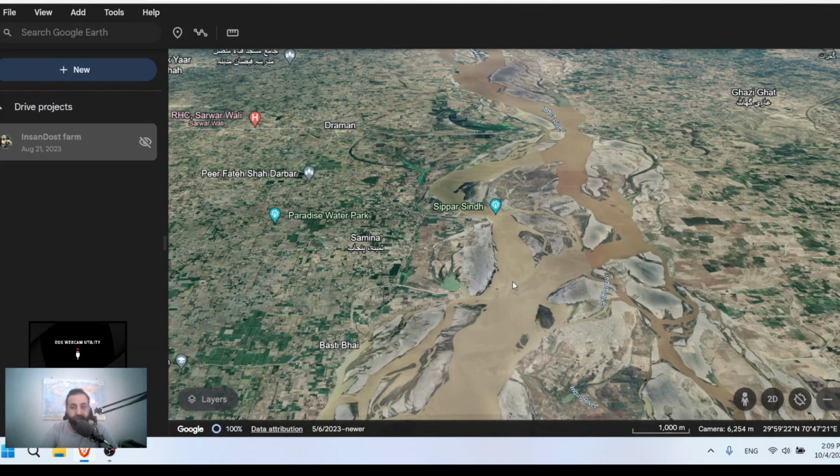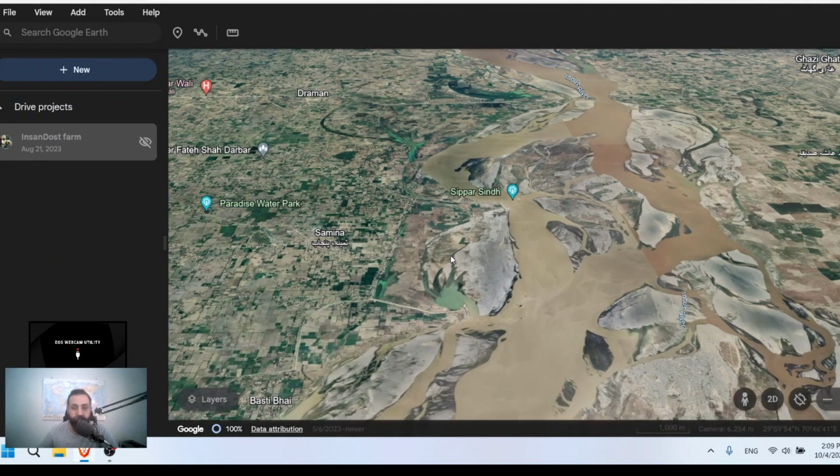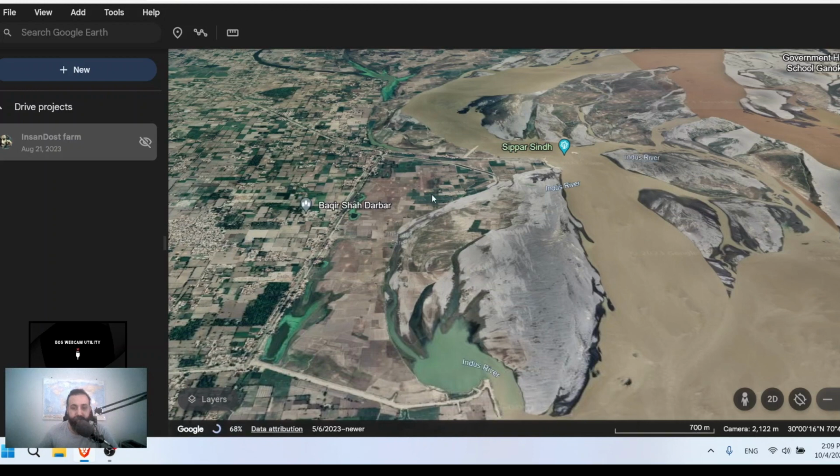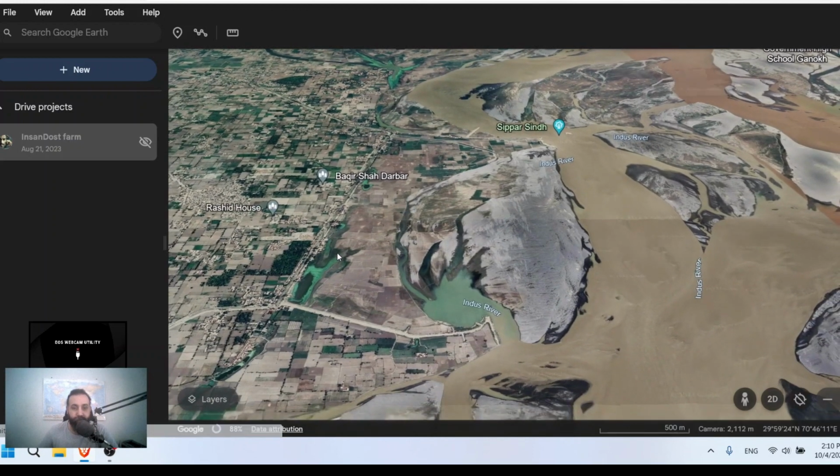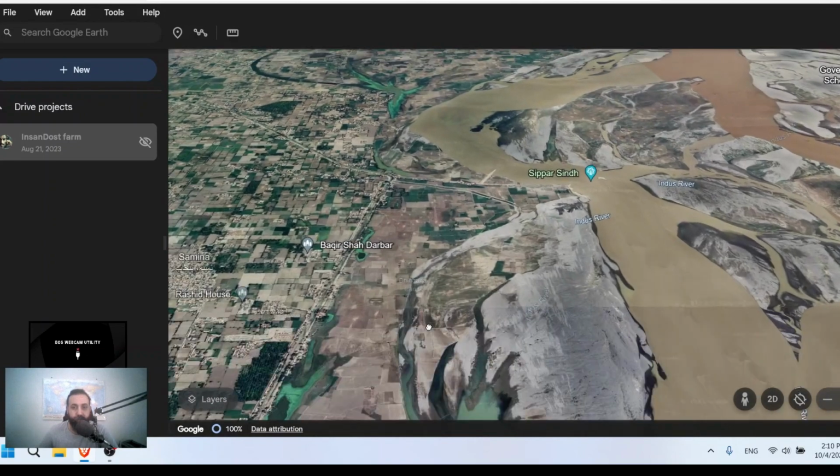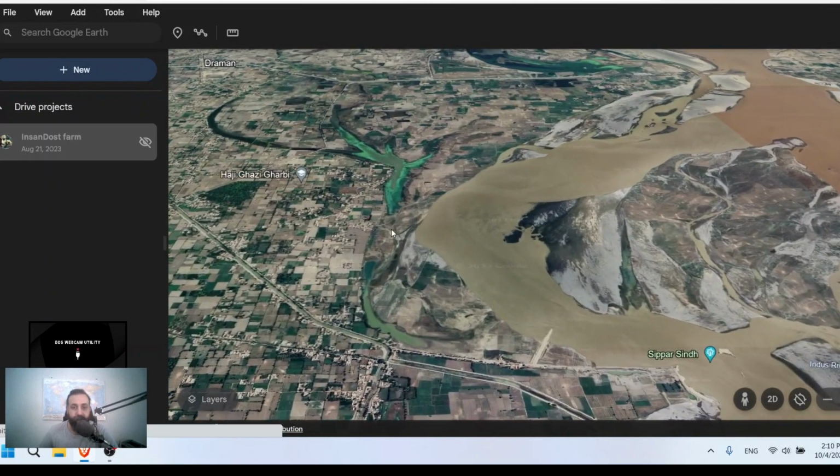So with the ReNesting Indus, we are making an effort to restore the river ecosystem and its native forests, and we are starting from the floodplains. You see here these small patches of water that are filled every summer, ideally this one.